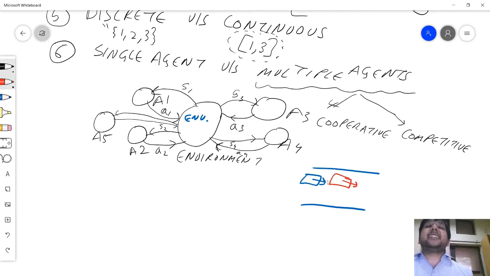Competitive, you'll try zigzag, left, right, everything. Of course, eventually the vehicle going here will clear and you will overtake, but there's a limited resource. You're sharing it. Competitive.